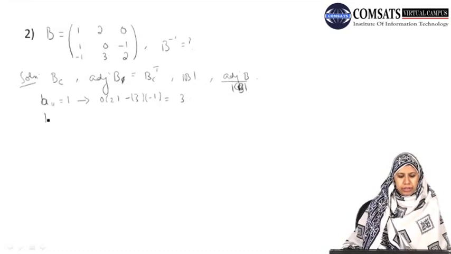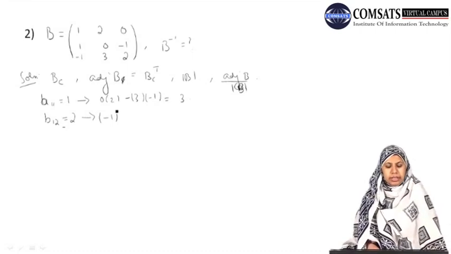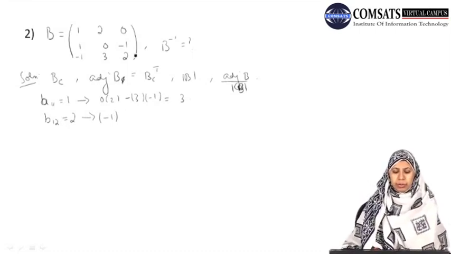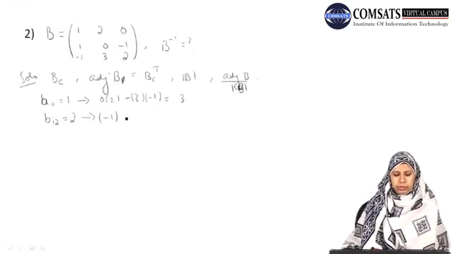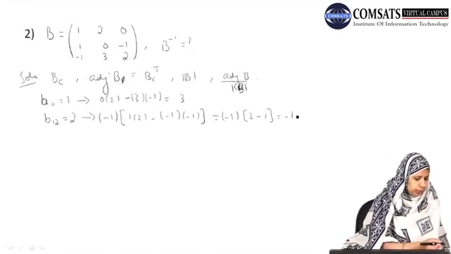Okay, for the entry B12, which is equal to 2, the number associated will be -1, and the minor, that is the determinant of the submatrix, will be 1 into 2 minus -1 into -1, and we obtain -1 into 2 minus 1, as -1.